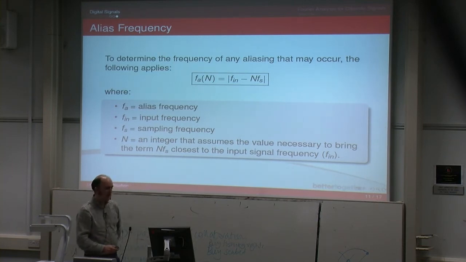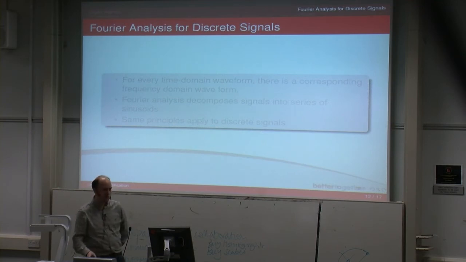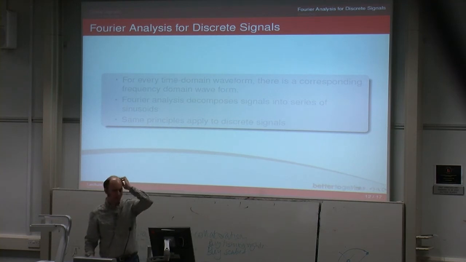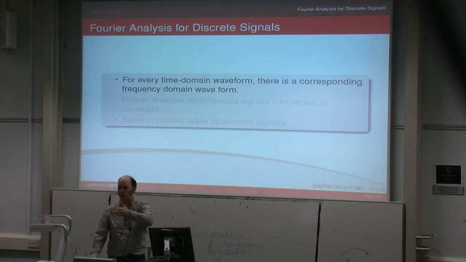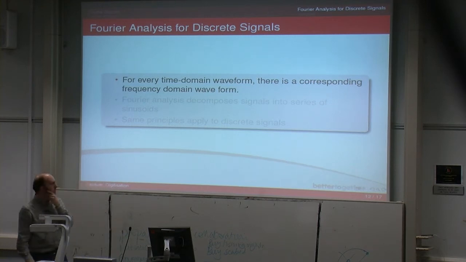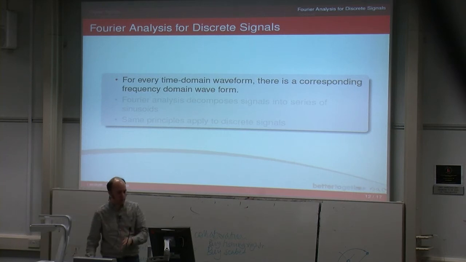So that's the basics. We'll then move on to the Fourier analysis of discrete signals. As we know from last chapter and from chapter 4, for every time domain waveform signal there is a corresponding frequency signal, the frequency domain. Moving from the time domain to the frequency domain is what Fourier is all about.